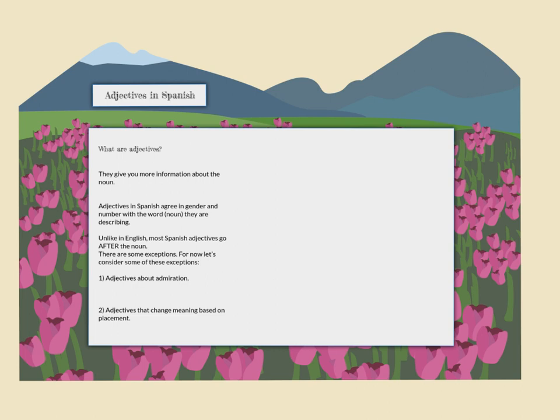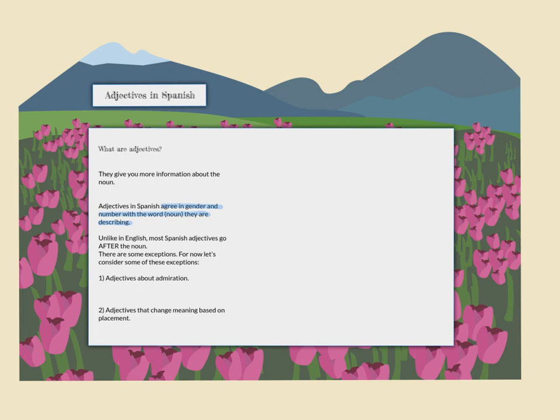If not, I'm just going to roll into the explanation about adjectives. So what are adjectives? Adjectives are words that give you more information about the noun or about whatever you're talking about. Adjectives in Spanish are used to describe the word, and as we just mentioned, they have to agree in gender and number with the noun they are describing.